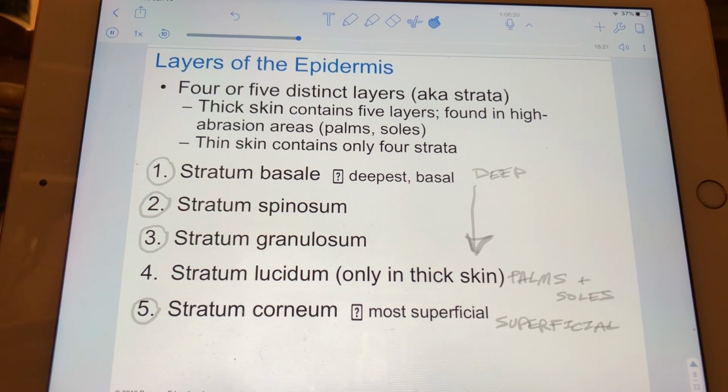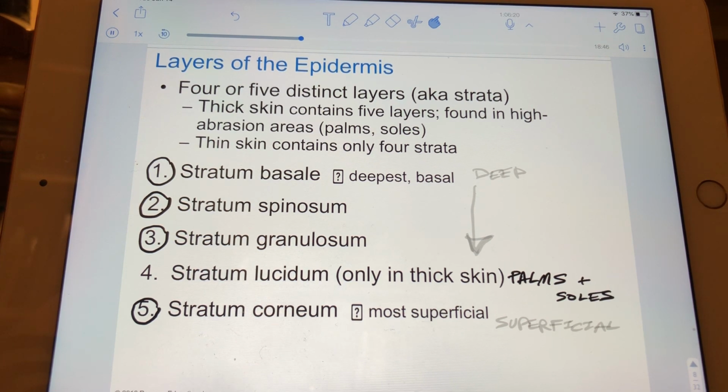So the guaranteed layers are stratum basal, stratum spinosum, stratum granulosum, and stratum corneum. The sometime layer is stratum lucidum.